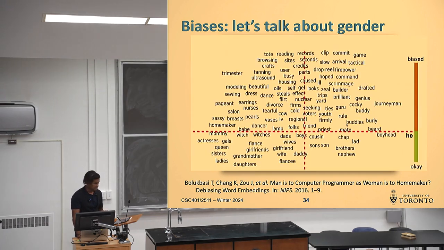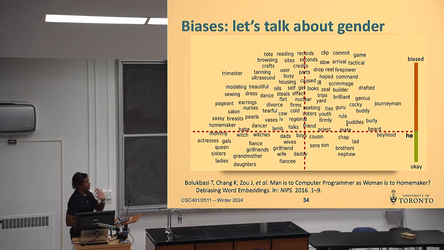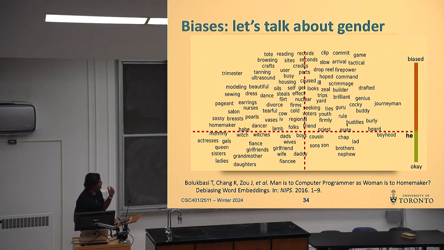Pictorially, think of the x-axis as the gender axis, where the right side associates with he and the left side associates with she. And the y-axis is the gender neutrality line, where the bottom words are gender specific words, and the top words are gender neutral words.